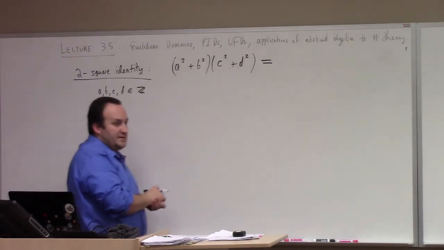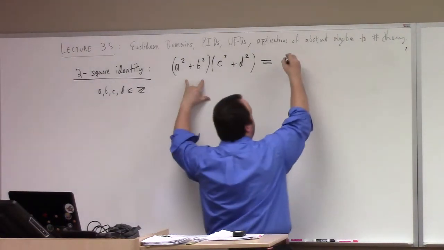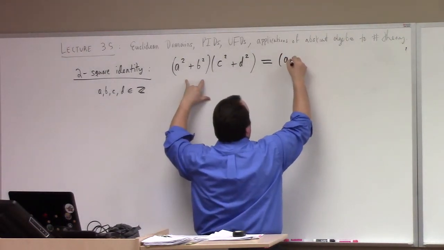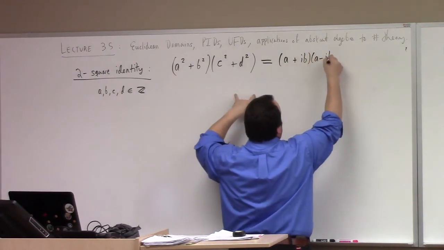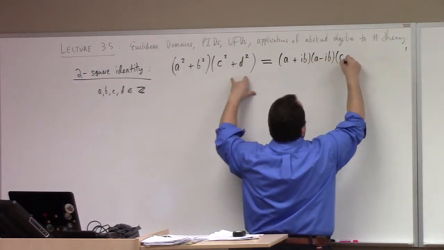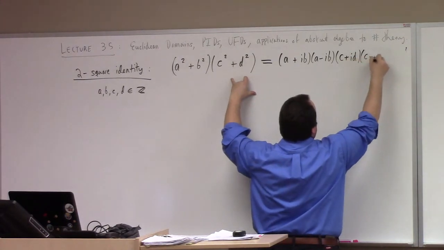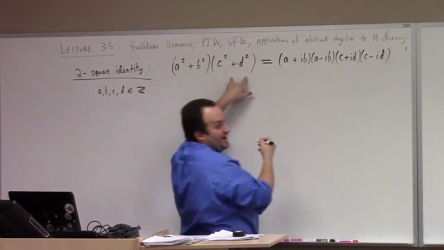If I use Gaussian integers, I can write this as a plus ib times a minus ib, and this is c plus id times c minus id. So over the Gaussian integers, these factor like that.